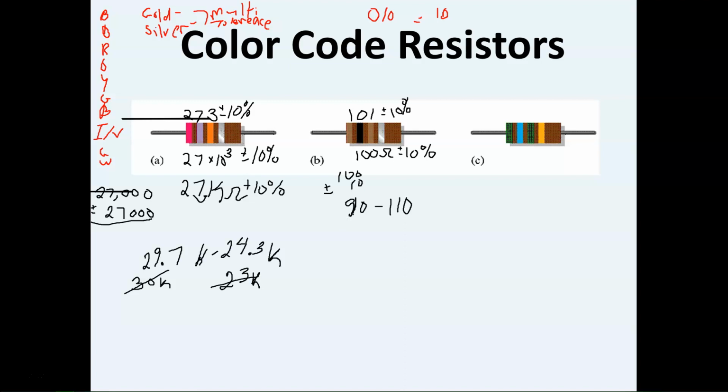Okay? It'll fall as low as 90 and go as high as 110. So if it goes to 120, it's a bad resistor. If it goes to 80, it's a bad resistor. It has to fall between 90 and 110 to be considered within tolerance range.